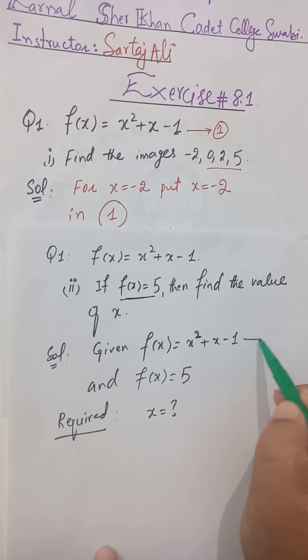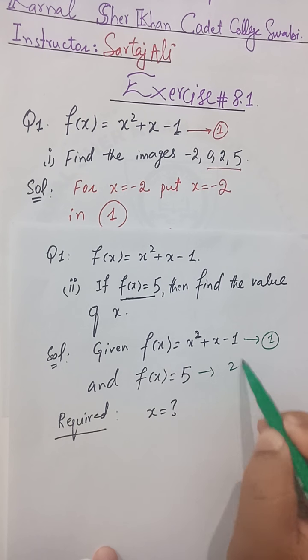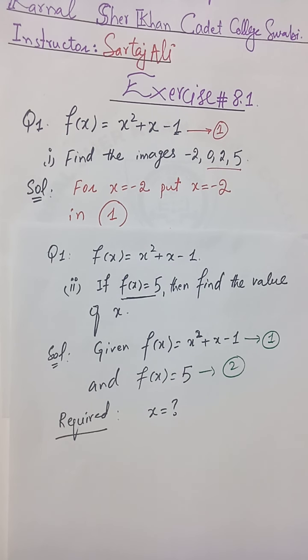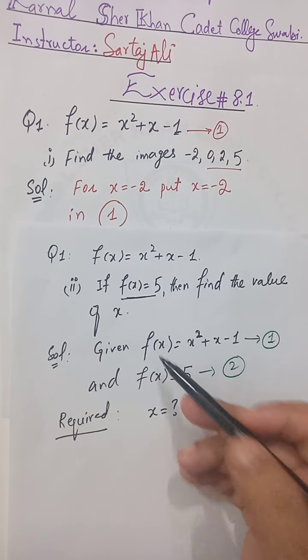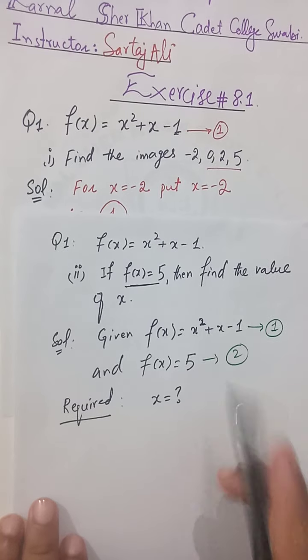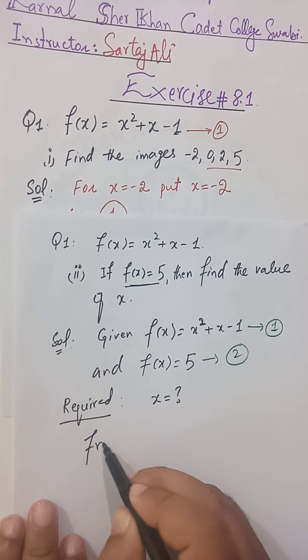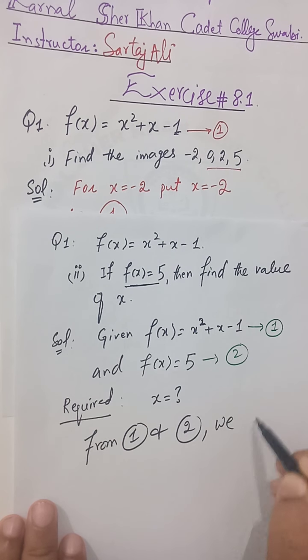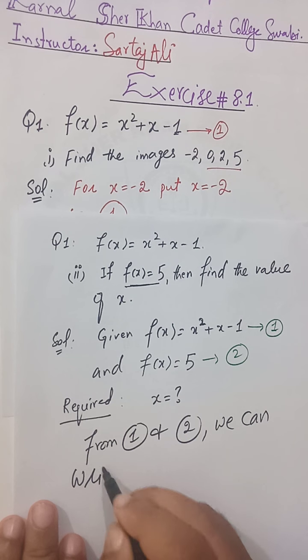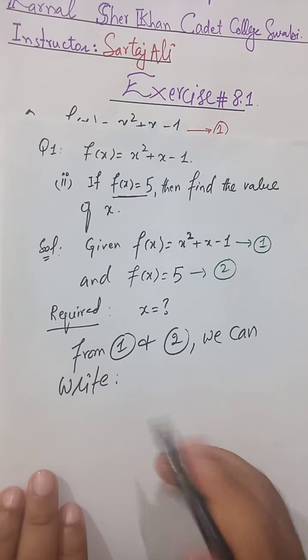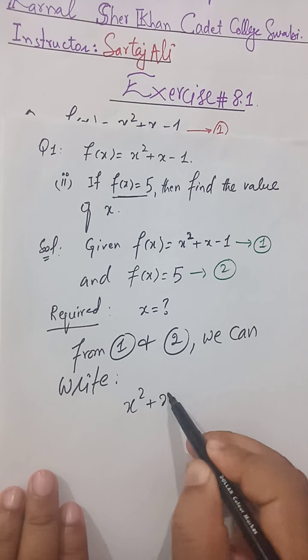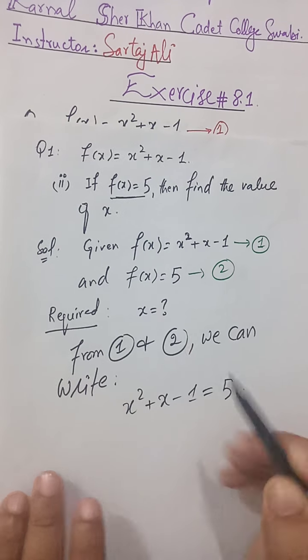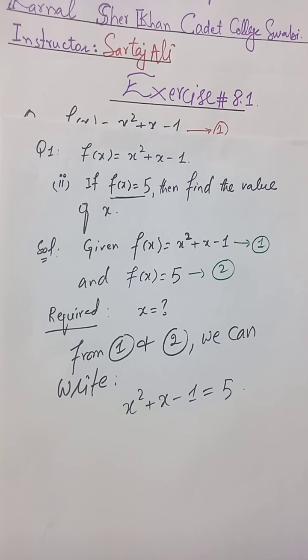Let's say this is equation number 1, and this is equation number 2. You clearly see that the left hand sides of both equations are equal, f of x. So from 1 and 2 we can write x square plus x minus 1 equal to 5, because the left hand sides are equal, so the right hand sides are equal.